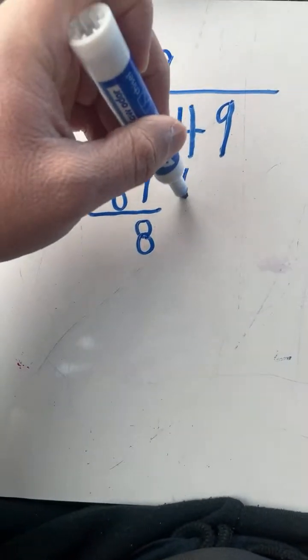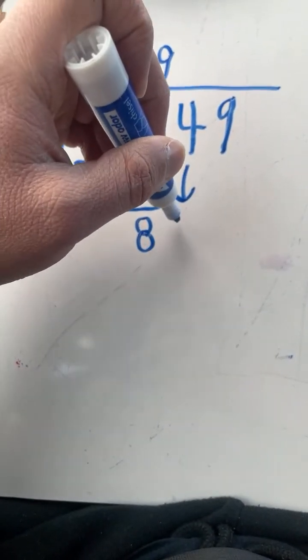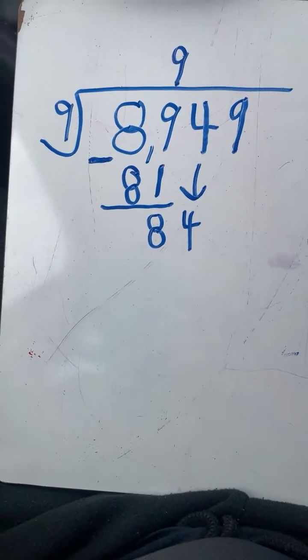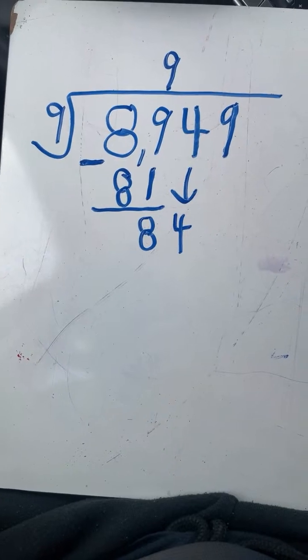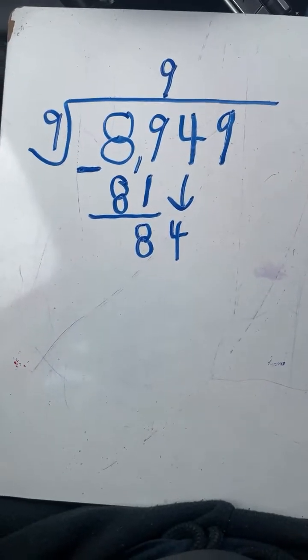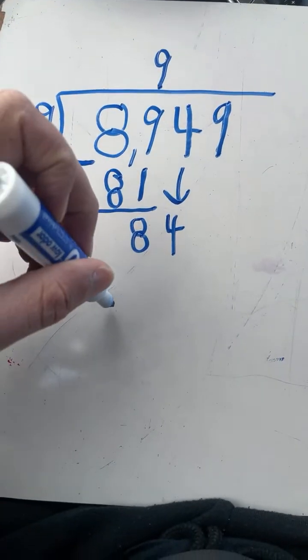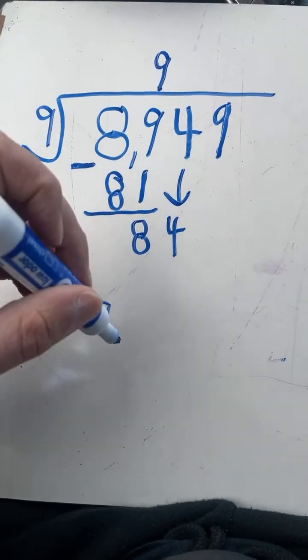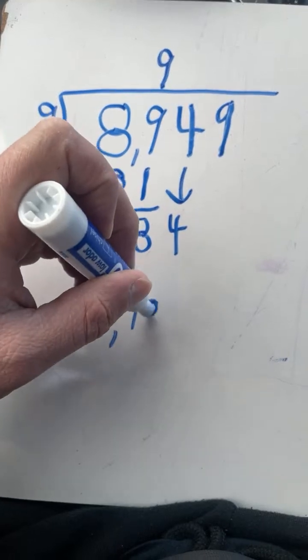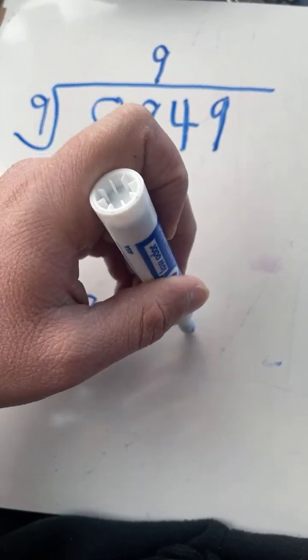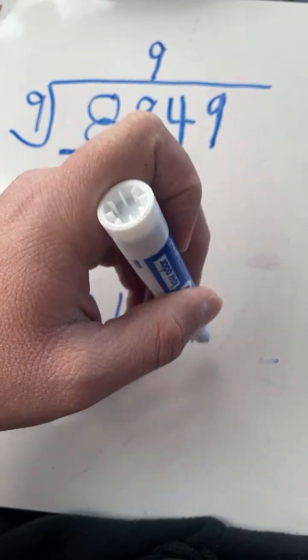Next, we're going to bring the next number down, and that 8 is going to become 84. So we have to figure out how many groups of 9 go into 84. I know how many groups of 9 go into 84, but for those that don't, I am going to count it out. I am going to skip count by 9s again. 9, 18, 27, 36.